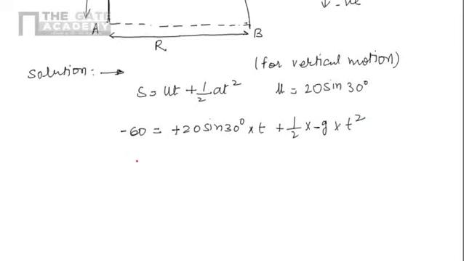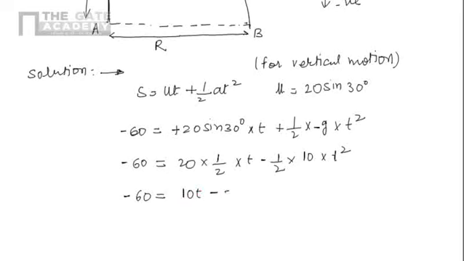So here we will get minus 60 equals 20 sine 30, which is 1 by 2, T minus 1 by 2, let's take g value 10 meter per second square, T square. So minus 60 equals 10T minus 5T square.